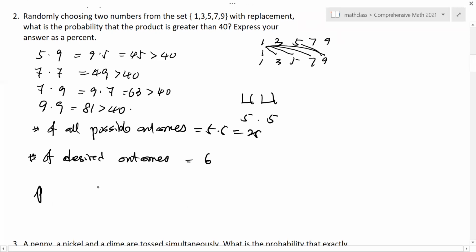So that's why the probability is 6 over 25. For the numerator, we did not use the principle of counting. We just listed all the possible outcomes which satisfy the requirement.